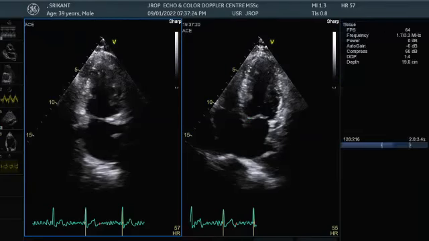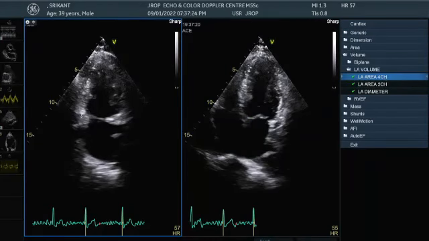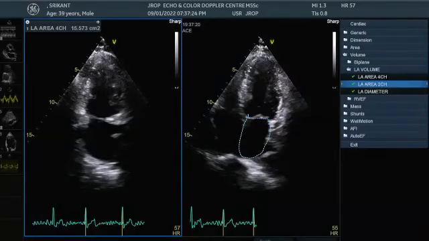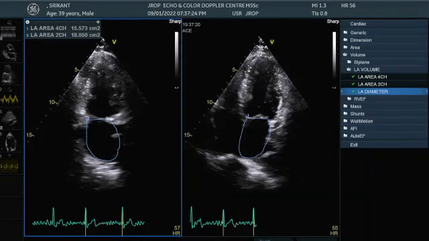Then trace along the line. You can't see that border of the LA, but this is what you are seeing. Take it to the lateral annulus. That will give you area 1 in the 4-chamber view. Then go to the 2-chamber view and trace it. That will give you area 2.